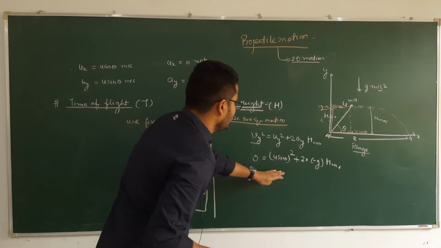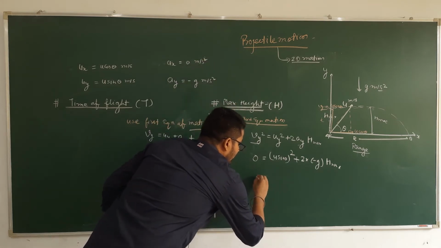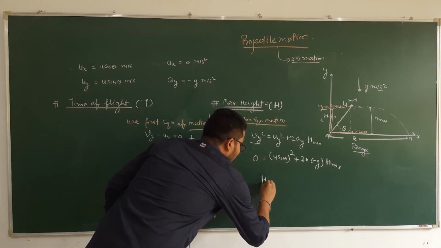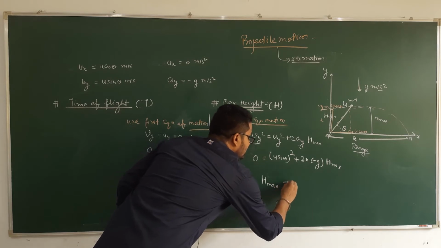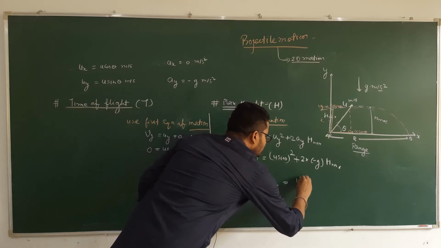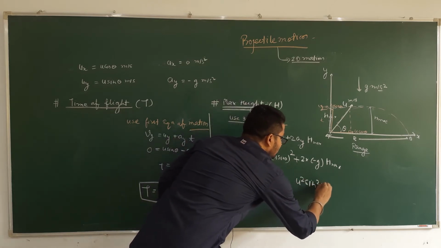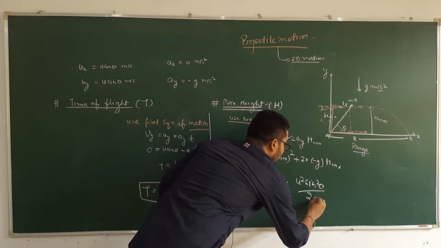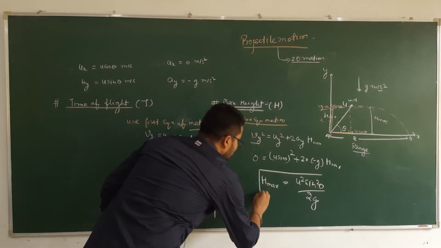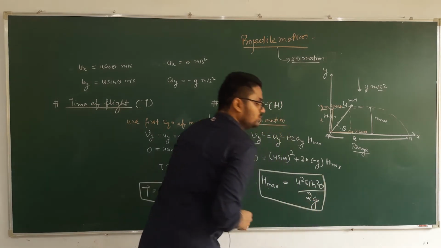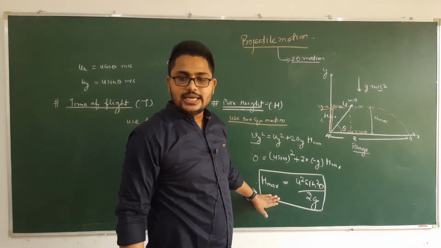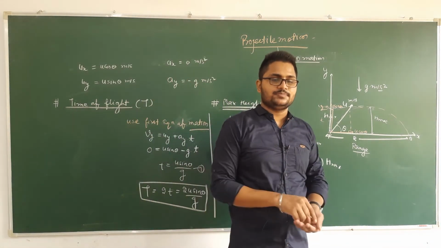So by this equation, we can write h max is equal to u square sin square theta upon 2g. This way we can calculate the maximum height.